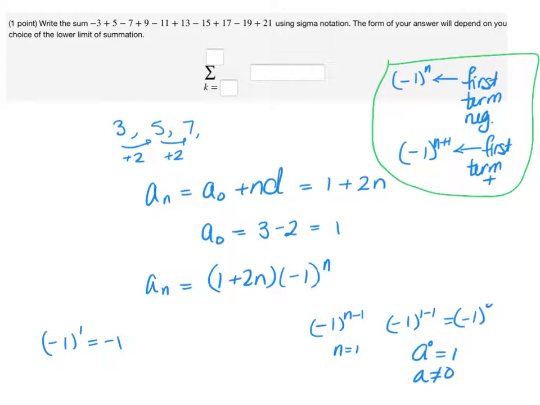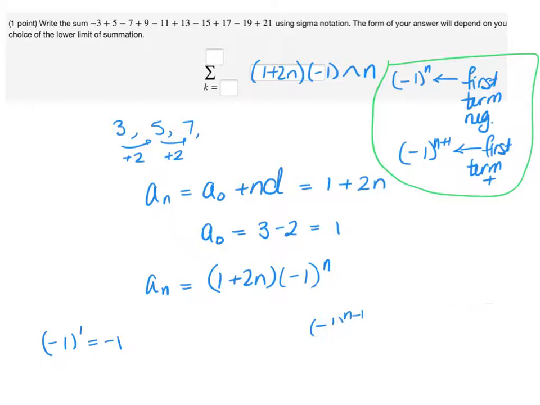Okay, so we found the closed formula, right? The way I would put this in is parenthesis 1 plus 2n, or -1 raised to the n. So now I've found that part of it. Where do you think I'm going to start?